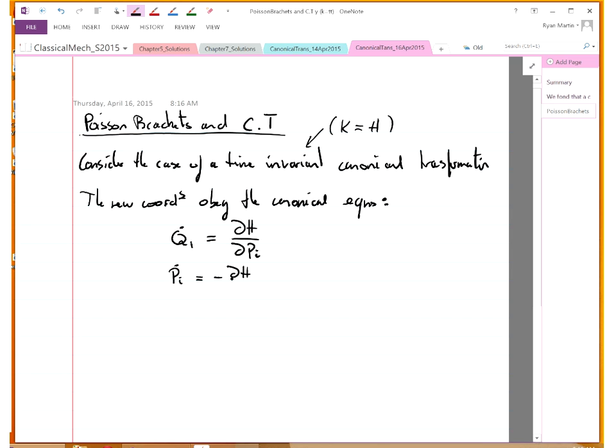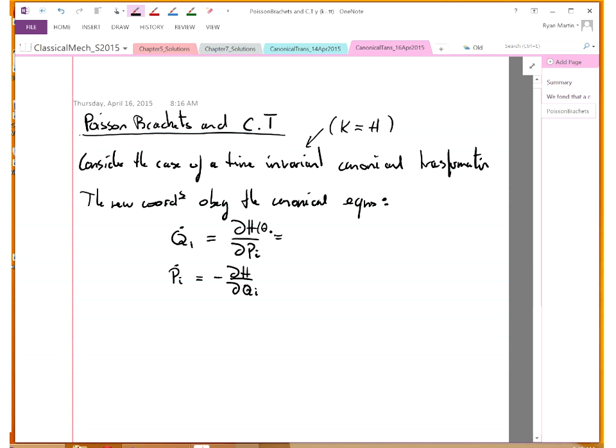Namely, capital Qi dot is equal to the partial derivative of the Hamiltonian with respect to capital Pi. And similarly, capital Pi dot is given by minus the partial derivative of the Hamiltonian with respect to capital Qi. Okay, so far so good.